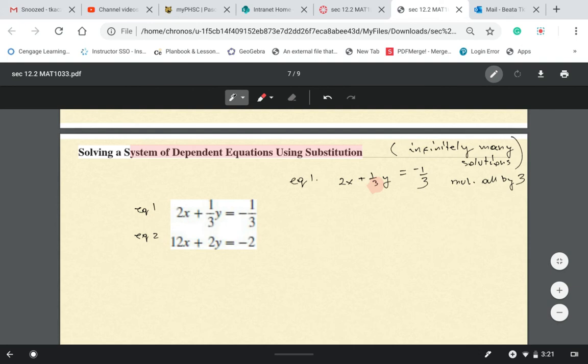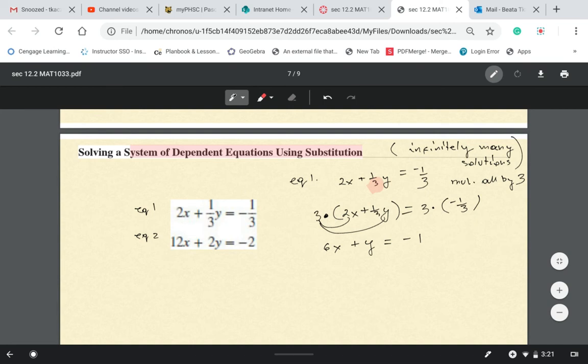So we have 3 times the left side, 2x plus 1 over 3y, equal 3 times the right side of equation 1. Distribute that 3 to all of them. So we're having 6x plus 3 times 1/3, which is 1, plus y equal negative 1. Okay, so 6x plus y equal negative 1.